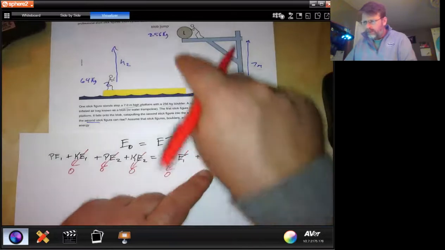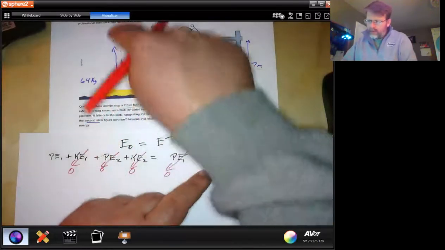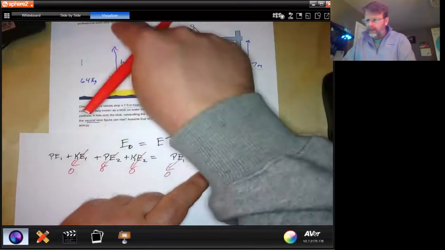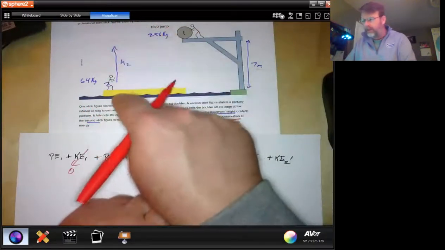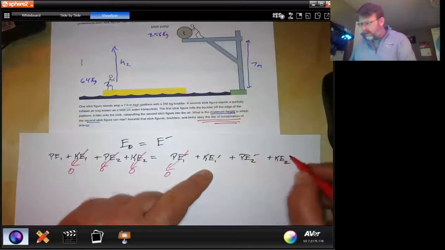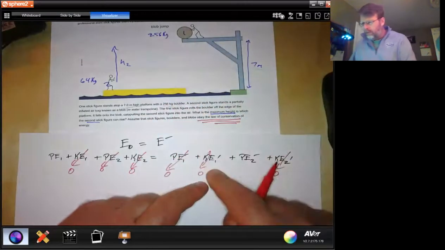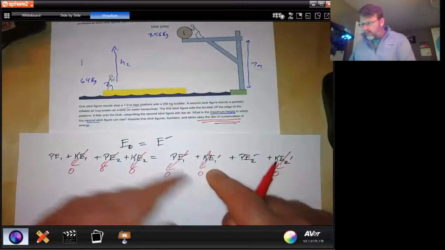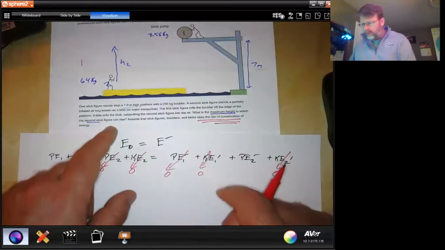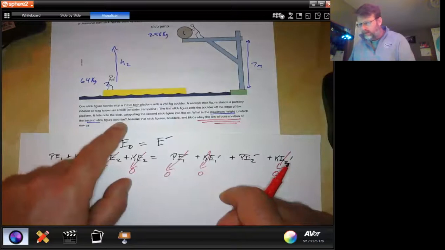And as this goes through, this guy will be at his maximum height, or stick figure, we don't know their gender. The stick figure will be at their maximum height when they are not moving, and this, again, will not be moving. So if we're trying to find this, what is the maximum height the second stick figure can rise?